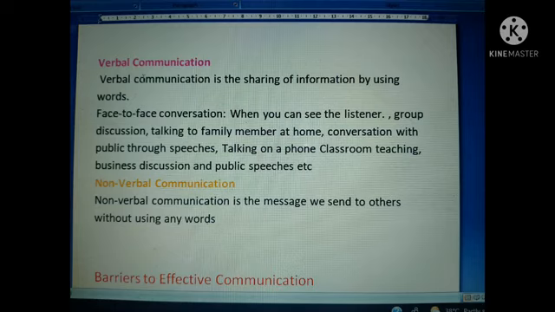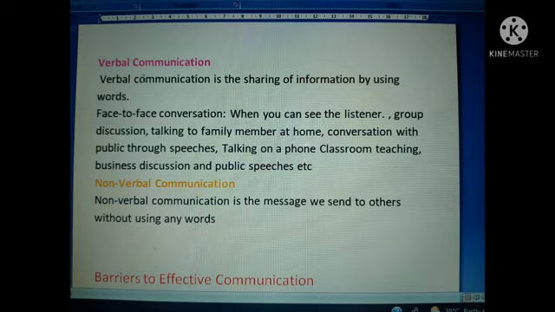For example, face-to-face conversation, when you can see the listener, group discussion, talking to family members at home, conversation with the public through speeches, talking on the phone, classroom teaching, business discussion and public speech, and so on.